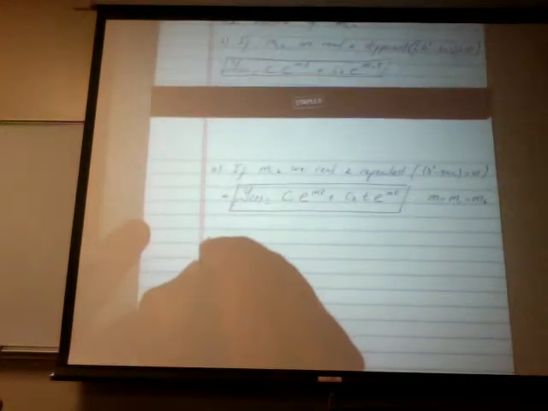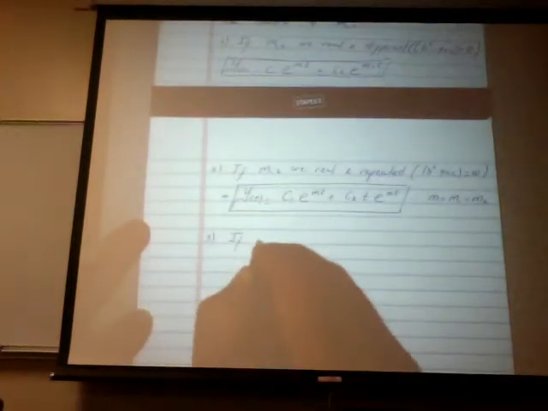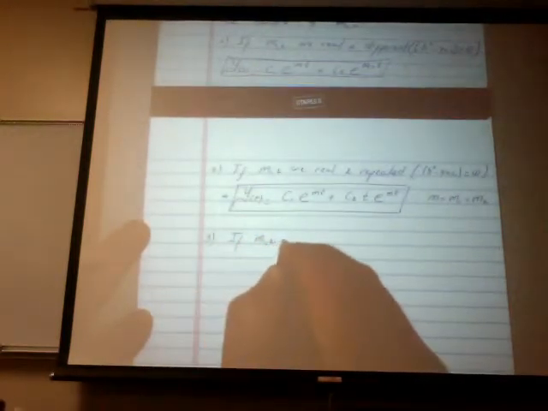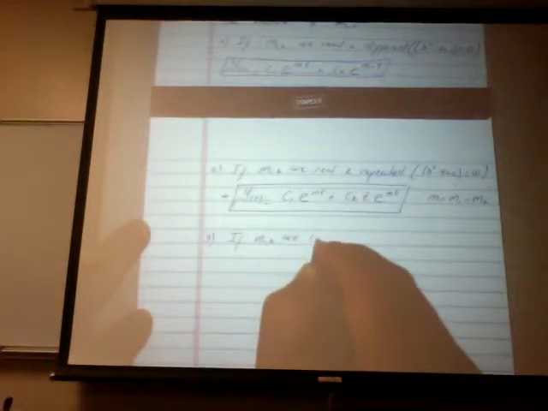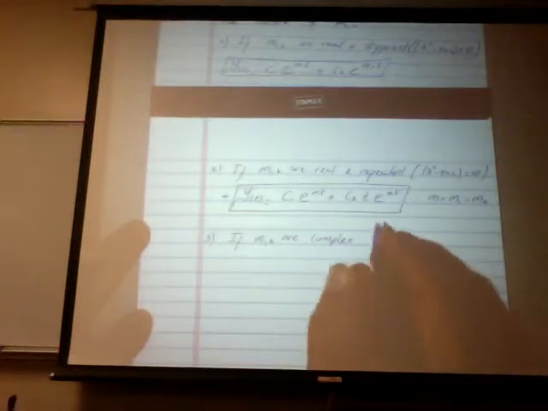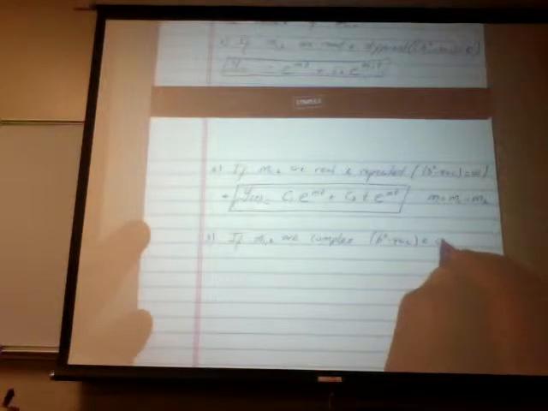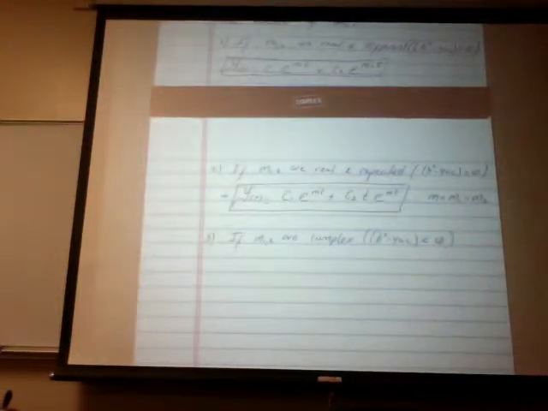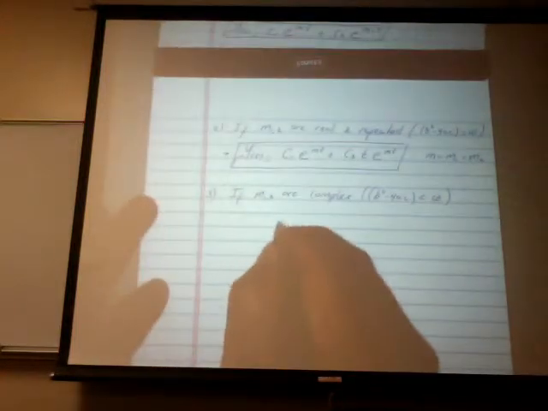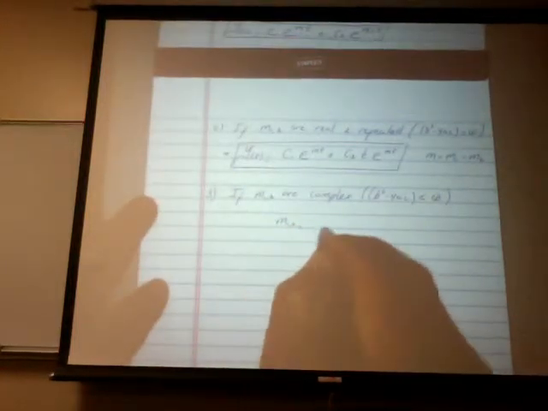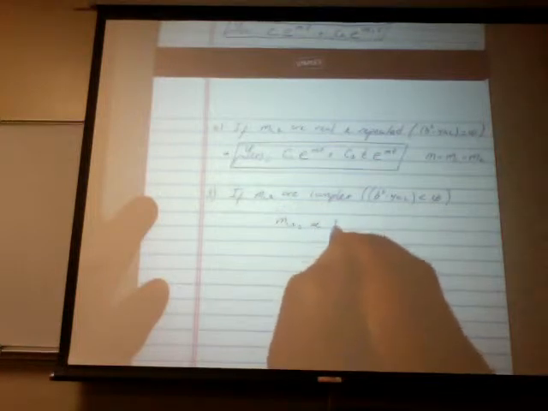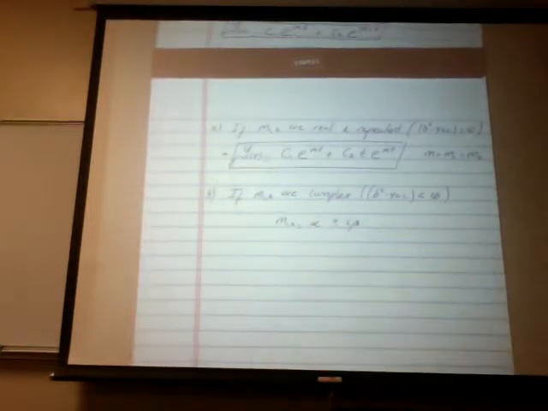And 3, if m1, m2 are complex, and that will happen when b squared minus 4ac is less than 0, then we can express the roots as alpha plus minus i beta.